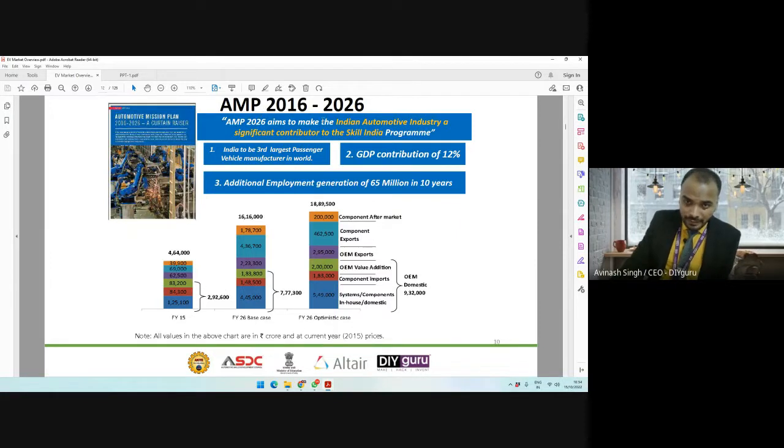Because we are still in this 2016 to 2026 time, there was certain delay because of COVID, I think a 2-year gap. But an optimistic figure says that we are very much sure that whatever target has been kept in these 10 years will be achieved.